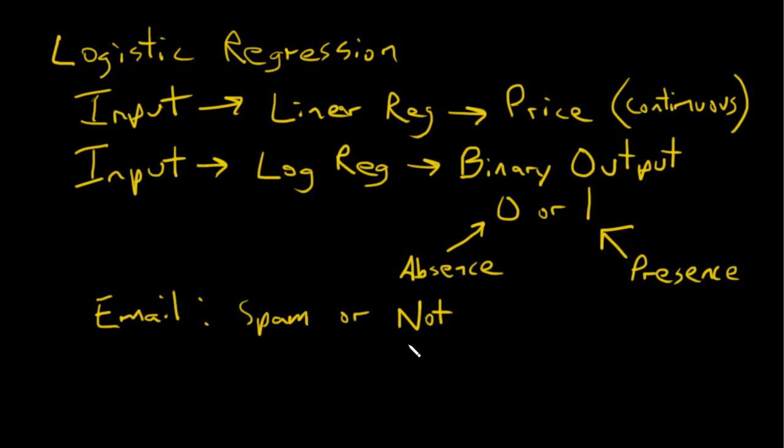Now in this case, the not would be the absence of spam, and the 1 would indicate the presence of spam. So 0 for the not and 1 for it includes that. And maybe we have a tumor, and it could be cancer or not cancer.